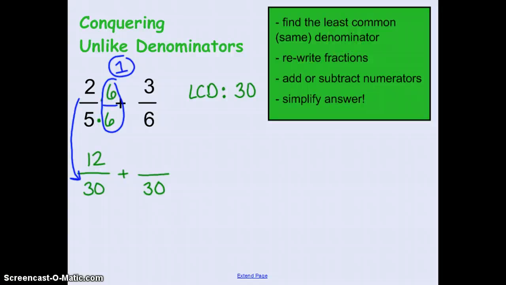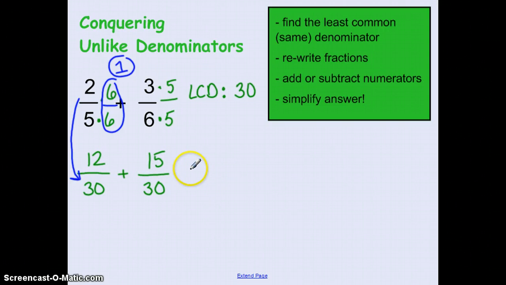Now we're going to do the same thing to the other fraction. In order to get from 6 to 30, we need to multiply by 5. Since we multiplied by 5 on the bottom, we'll also multiply by 5 on the top. Essentially, we're multiplying by 5/5, or 1. So 3 times 5 is 15. Now what we have is 12/30 plus 15/30.